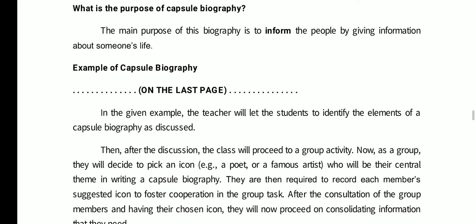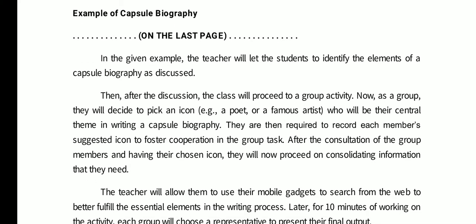I also prepared a simple example of a capsule biography, but then the students will be advised to also do further research on looking for samples of capsule biography so that they will be more knowledgeable about this topic.